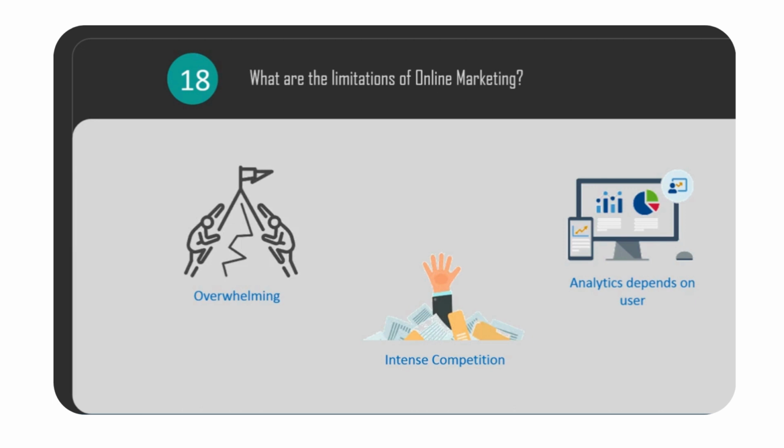There is analytics for everything, but you can't do anything with plain data unless you know how to read it and make use of it. It is becoming misleading sometimes, and you can get stuck in chasing vain metrics and burning cash at the wrong places. So, these are some notable limitations of online marketing.